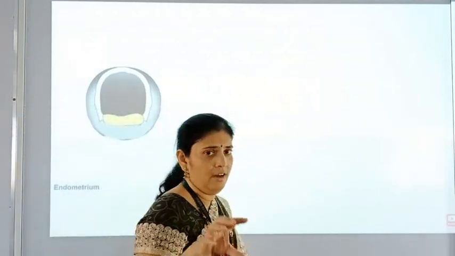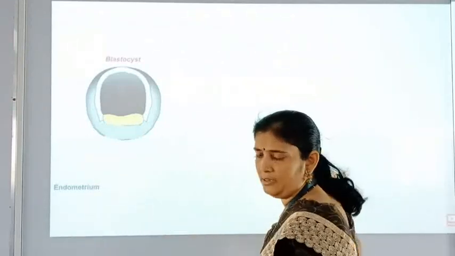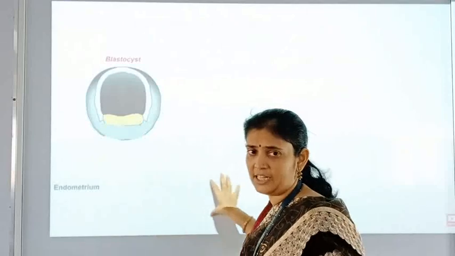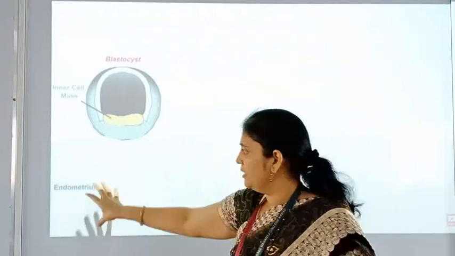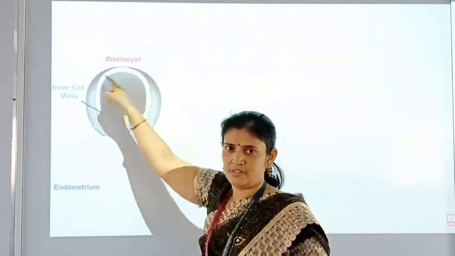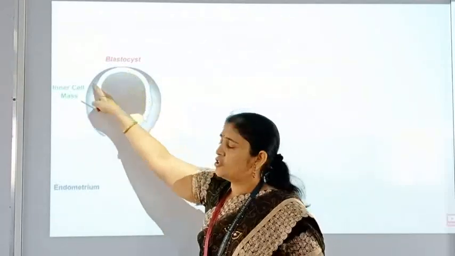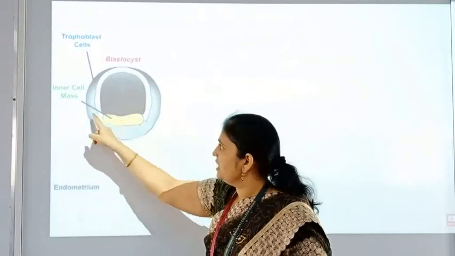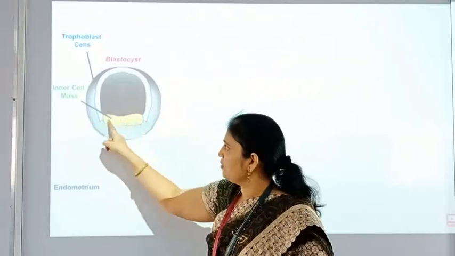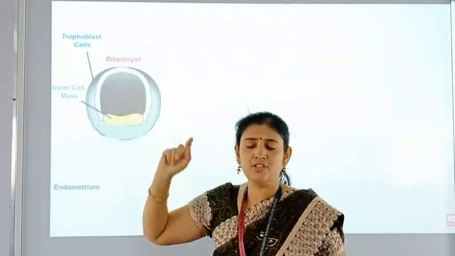Now in this video we can see the endometrium, the innermost layer of the uterine wall, and this is the blastocyst. This outermost layer is called the trophoblast, this yellow colored structure is the inner cell mass, and this is the cavity, also called the blastocyst cavity.